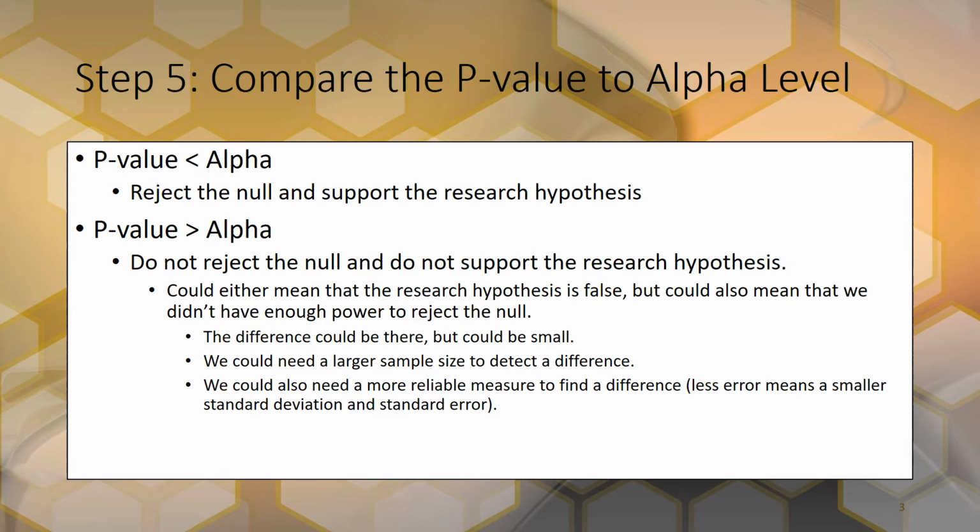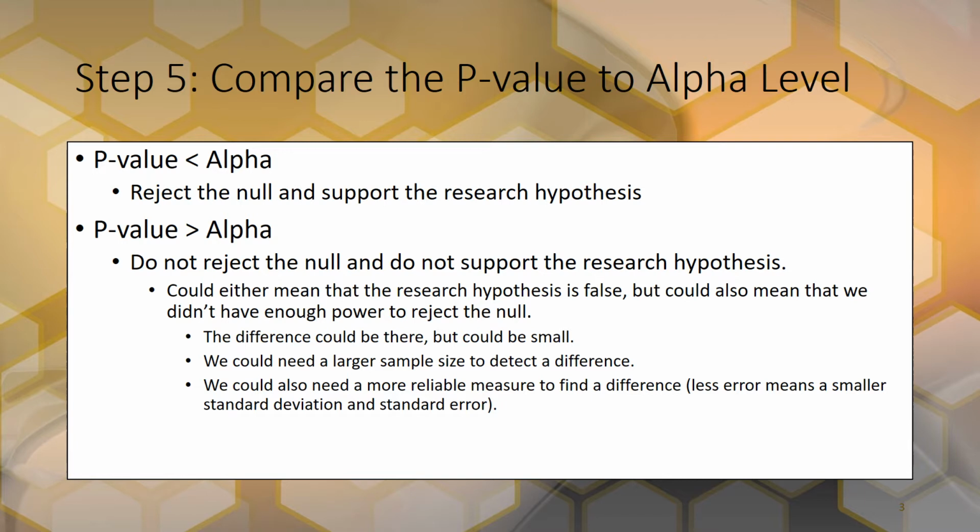It could also mean that our measure for our outcome variable was not reliable. We didn't have a good enough measure, and if you have a bad measure that's not very exact, we're going to have a bigger standard deviation, and that means a bigger standard error. And if you have a bigger standard error, our t statistic or z statistic will be smaller.